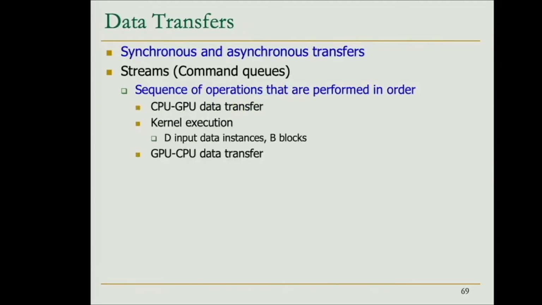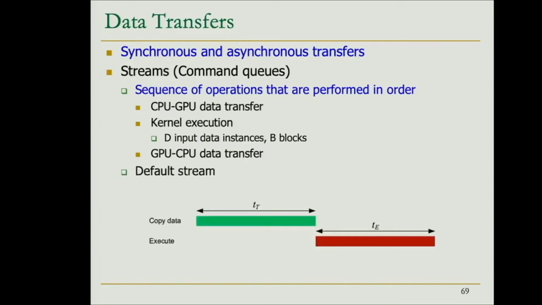In principle, as you know, we need to transfer from CPU to the GPU, then do the kernel execution, then transfer the results from the GPU to the CPU. So usually the default stream is going to be something like this. These are two operations that belong to the same stream because they are performed in order, right?